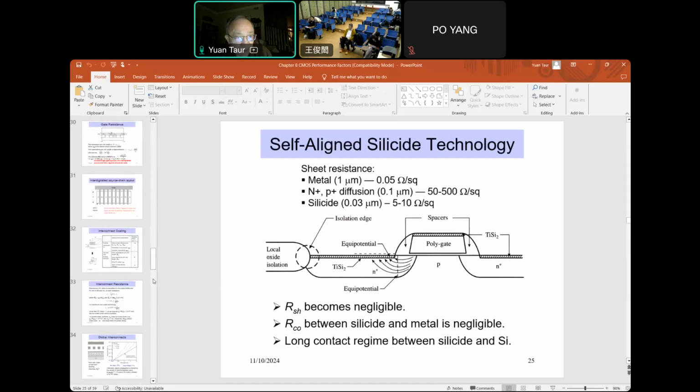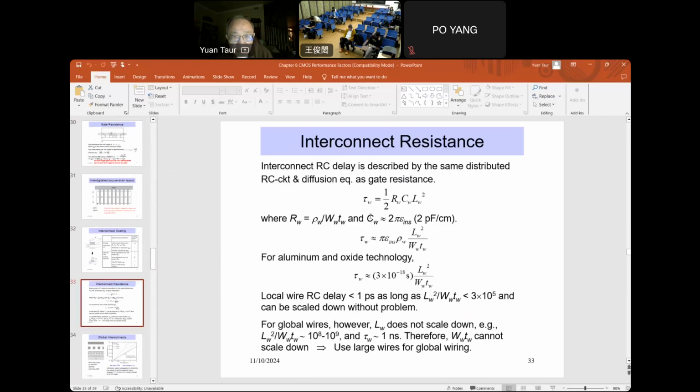So we put in those numbers. And also the wire capacitance, assuming a simplified cylindrical situation, is about 2 per centimeter. It doesn't change much. So you derive this number.